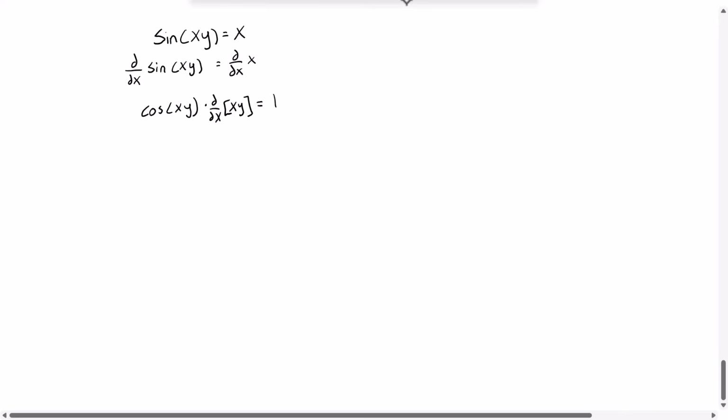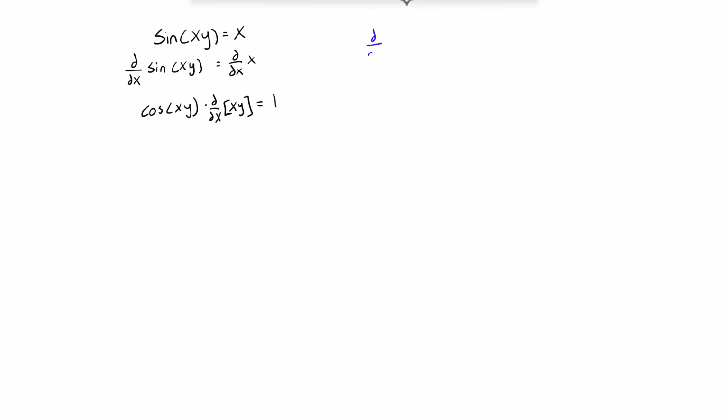So we have to deal with this derivative of x times y, d/dx of xy. This is a product rule problem. The derivative of two things multiplied by each other is the derivative of the first thing times the second thing, plus the first thing times the derivative of the second thing. So the derivative of x is 1, times y, plus x times the derivative of y.